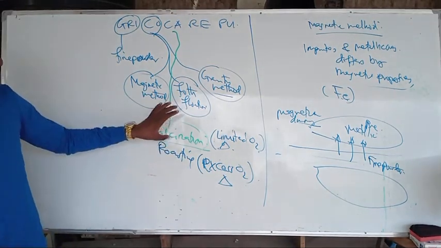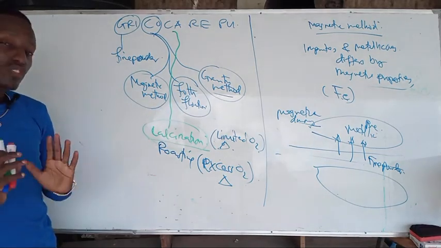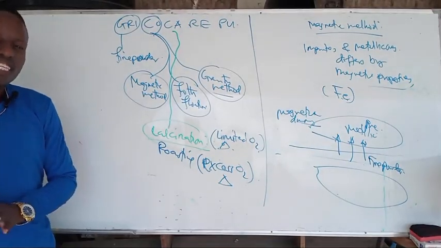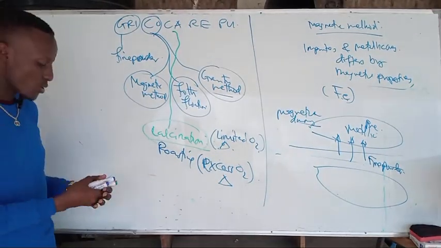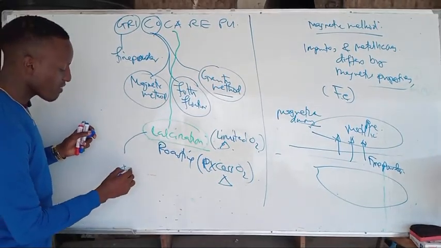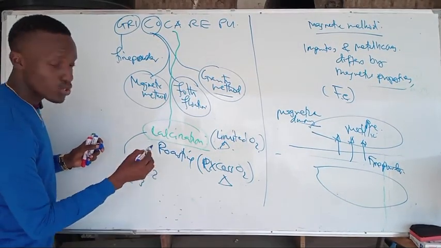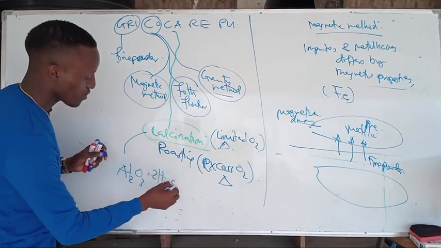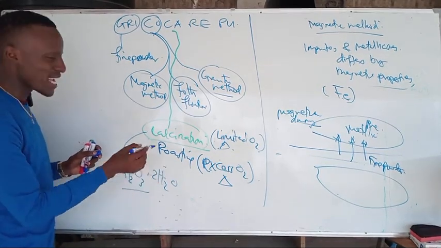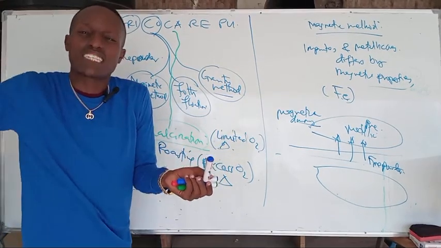So which type of metallic ore is calcinated? It's the one which is not an oxide, while the one being roasted is the one which is not yet an oxide. For example, if I have aluminium, the bauxite, Al2O3 with water of crystallization, since it's an oxide, it can't be roasted, because the aim of roasting is turning the metallic ore into its respective oxide.